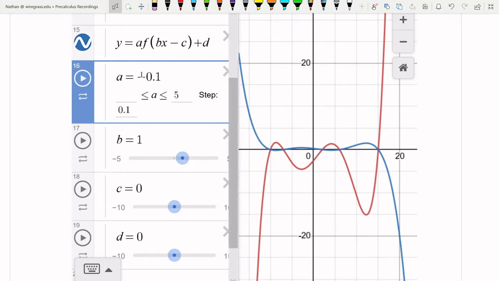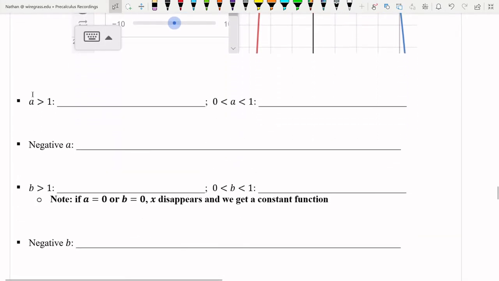If it's greater than 1 or less than -1, it's going to be stretched vertically. If it's between -1 and 0, and then 0 and 1, it's going to be compressed vertically. This is all in the vertical direction. And of course, the negative will flip it vertically. So that's what we're looking at here.